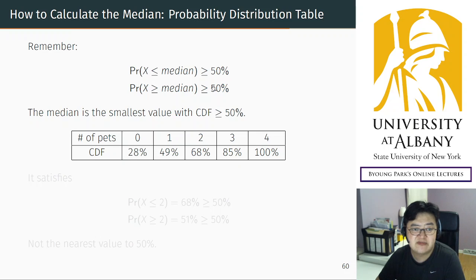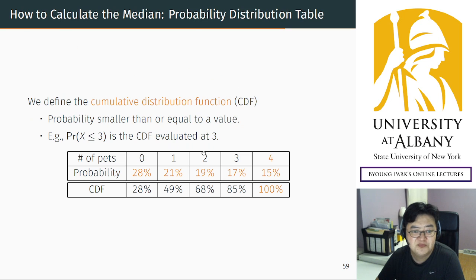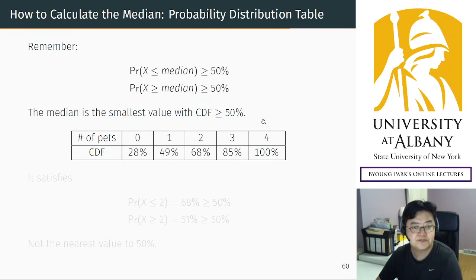They do not satisfy the first inequality. There are 3 candidates, and among them the smallest one is the median. If you want, you may check this inequality yourself by calculating the probability for 2, 3 or 4. That should be greater than 50%.